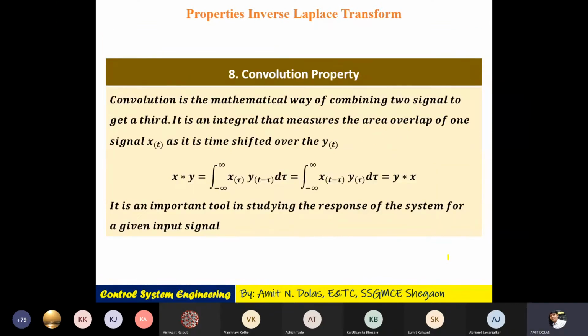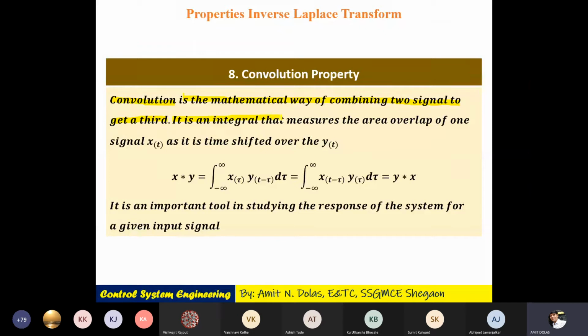And the last property of the inverse Laplace transform is very important, and we will be using this several times in the examples. Convolution. Convolution is the mathematical way of combining two signals to get a third signal.